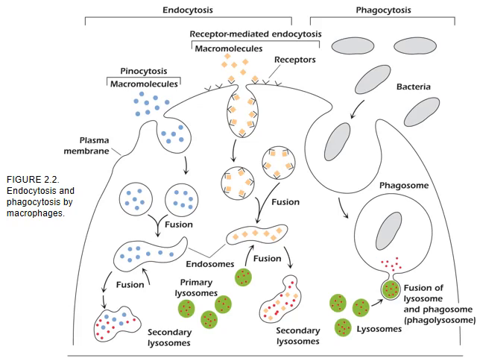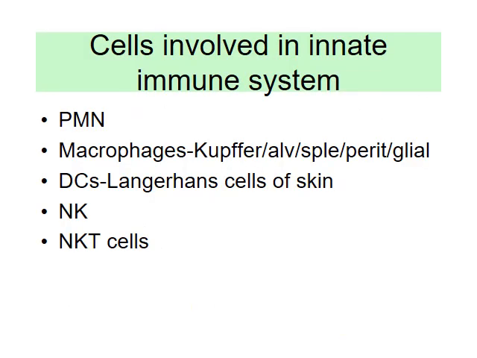When it comes to macromolecules, cells would take them in via receptors, and then they come in very precise vesicles. Once these vesicles are in, they are fused with something. The most important thing is that if a bacteria is taken in, it is fused with a lysosome, because the lysosome has those lytic enzymes that will kill it.